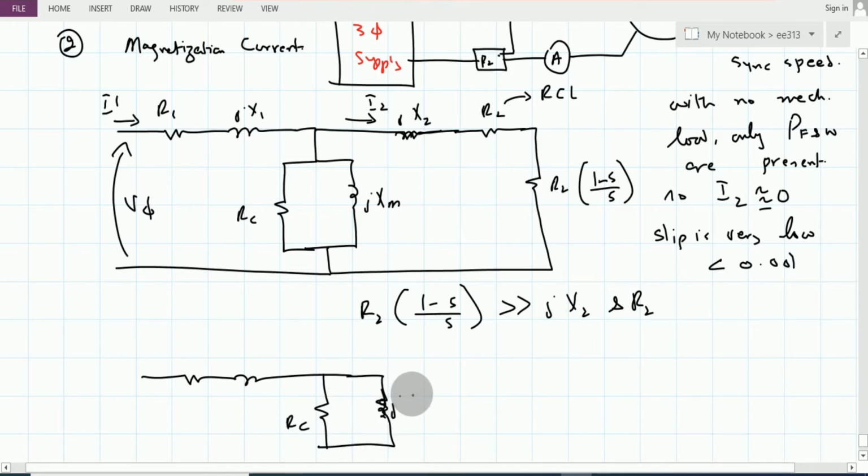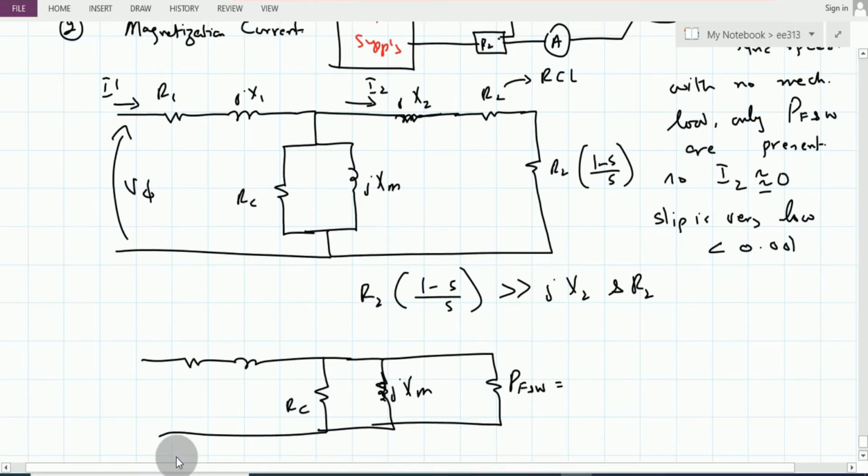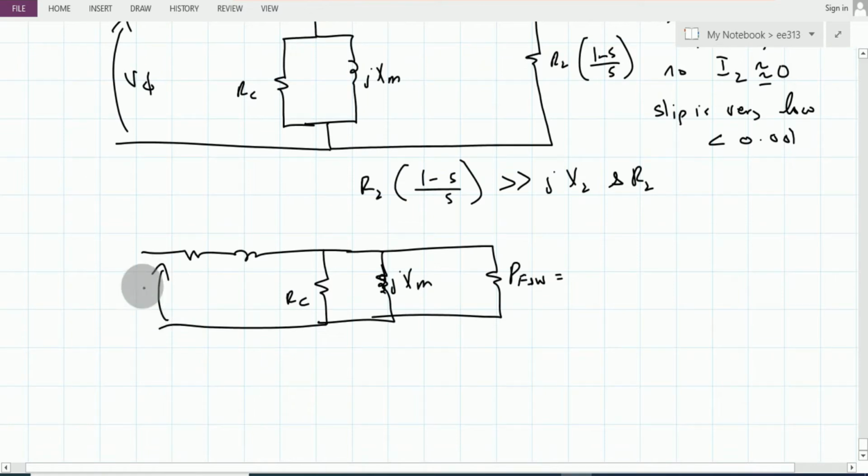This is V phase, this is I1, R1, jX1, and the only resistance left is R2 (1 minus S) over S. This is the modified equivalent circuit under the no load testing conditions.